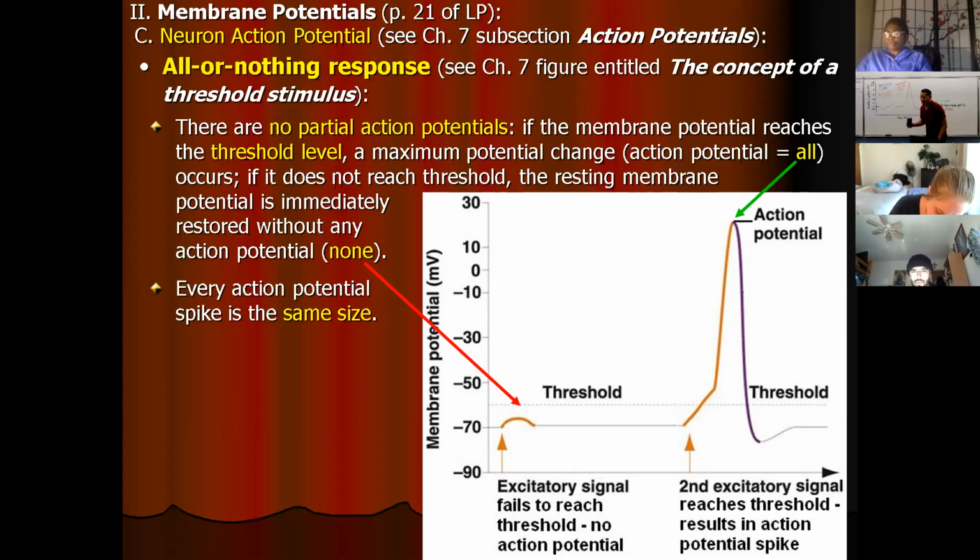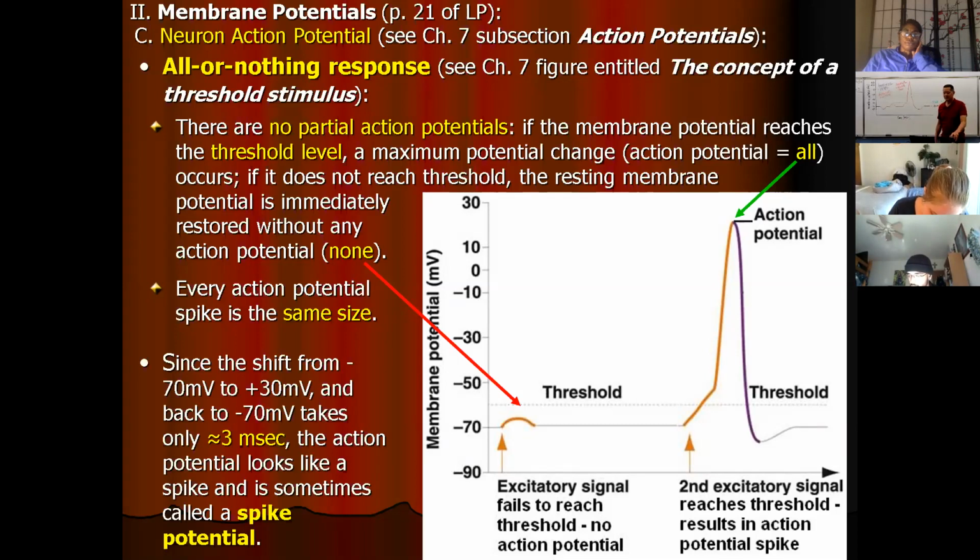Different neurons have different spikes. But for that neuron, it's all or nothing, and if it's all for that neuron, it'll be identical. And the timing of it, and this is why this is in milliseconds, is really quick. And so we also refer to action potentials as spike potentials.